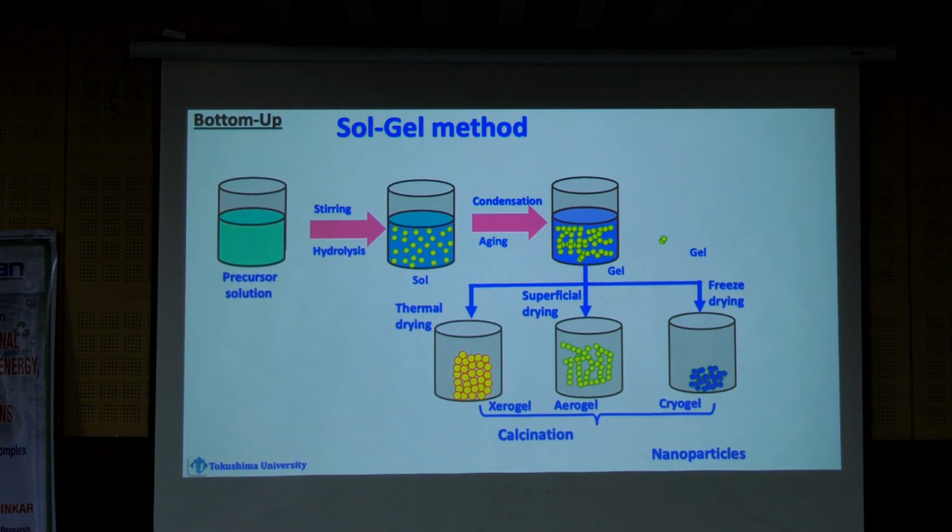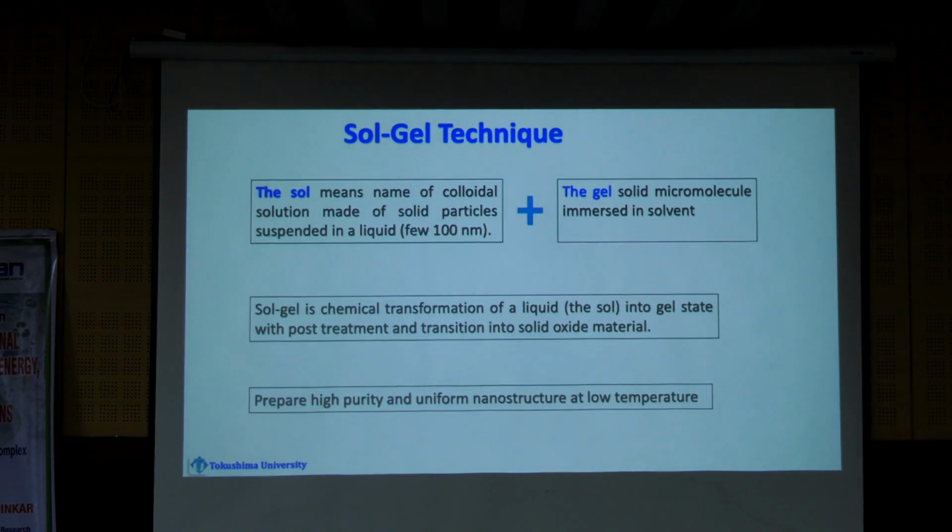So high temperature or low temperature. Thermal means high temperature, freeze means low temperature, and then you can create the nanostructures. So basically sol gel means a kind of colloidal solution which forms into a liquid having a size up to 100 nanometer.